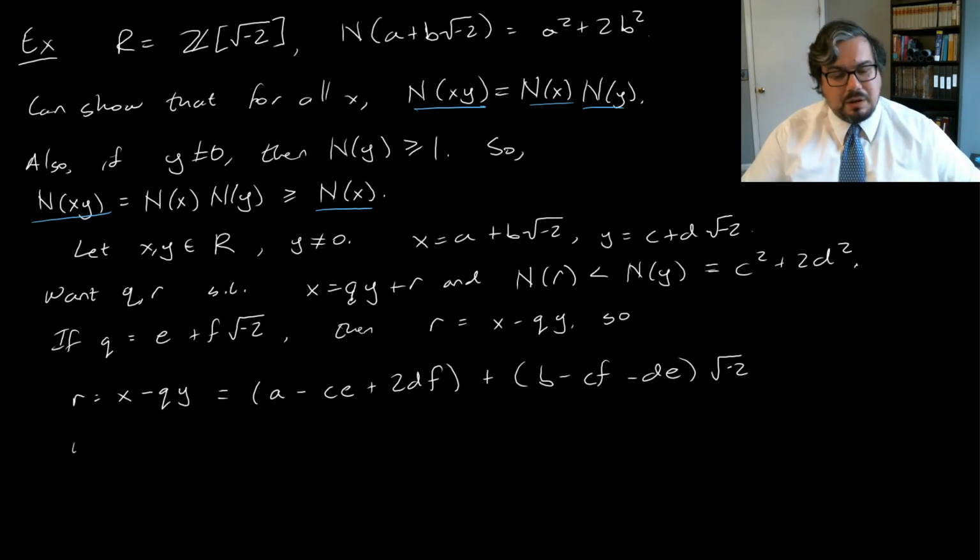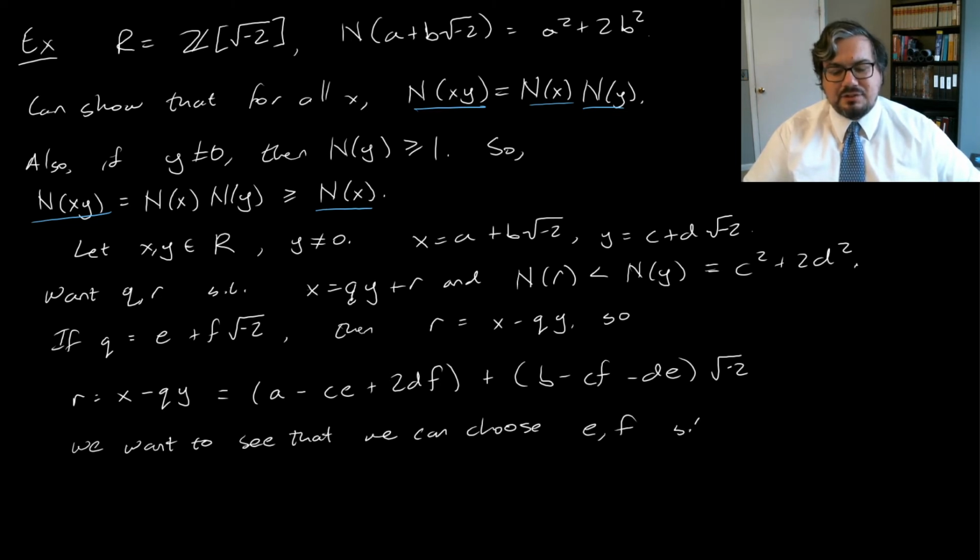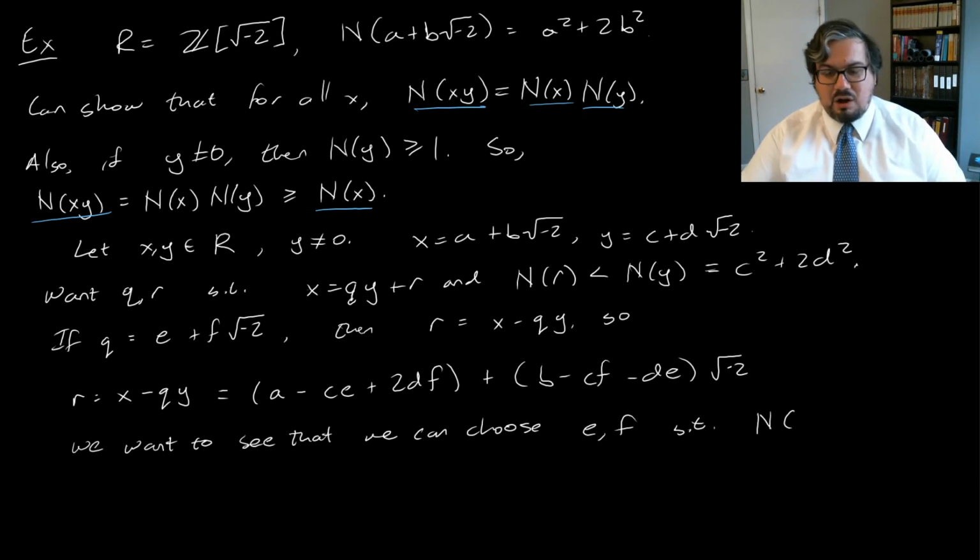Essentially, in order to show that this function N is a Euclidean measure for R, we want to see that we can choose an e and an f so that the norm of this r is small.